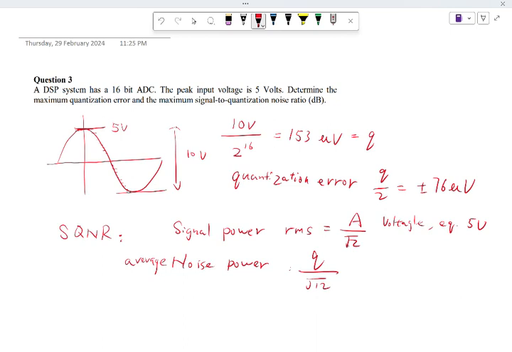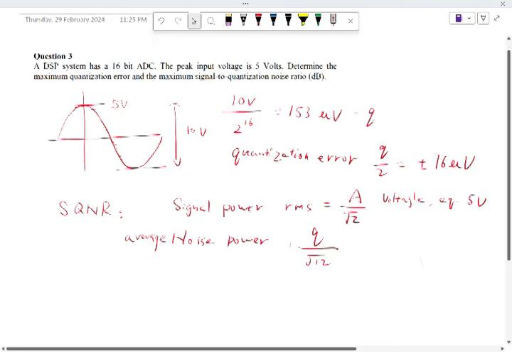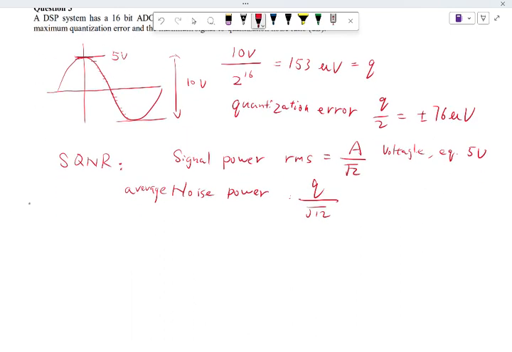I will write down the derivation during the lecture, so I will not go through that here. To find the SQNR, the signal to noise ratio, we just use the power of the signal divided by the power of noise. That's why it's called the signal to noise ratio.